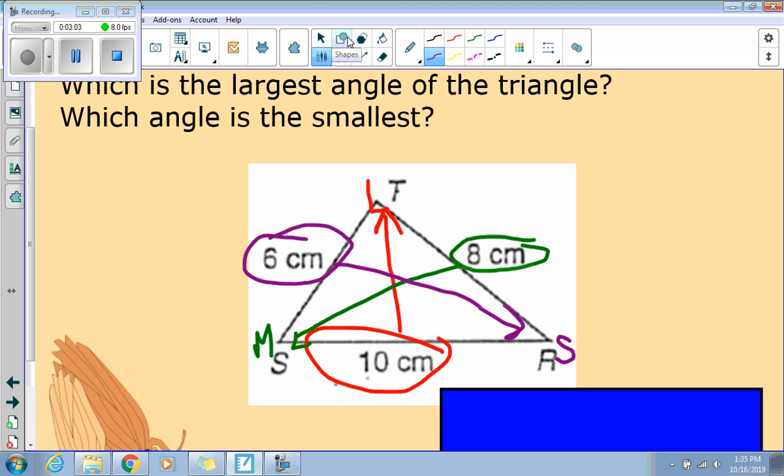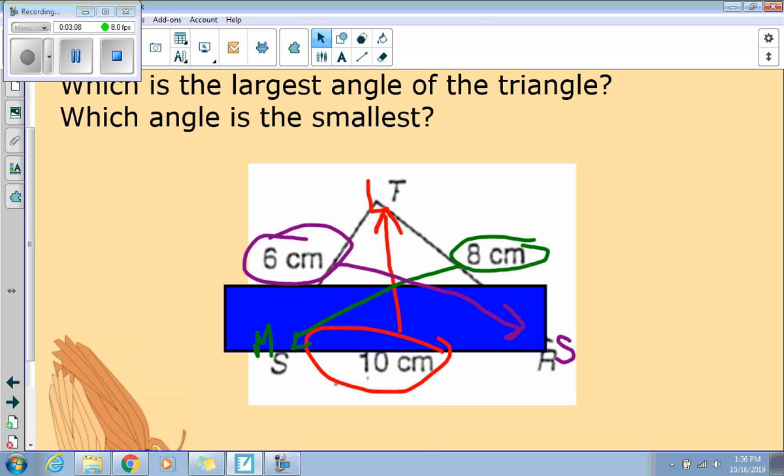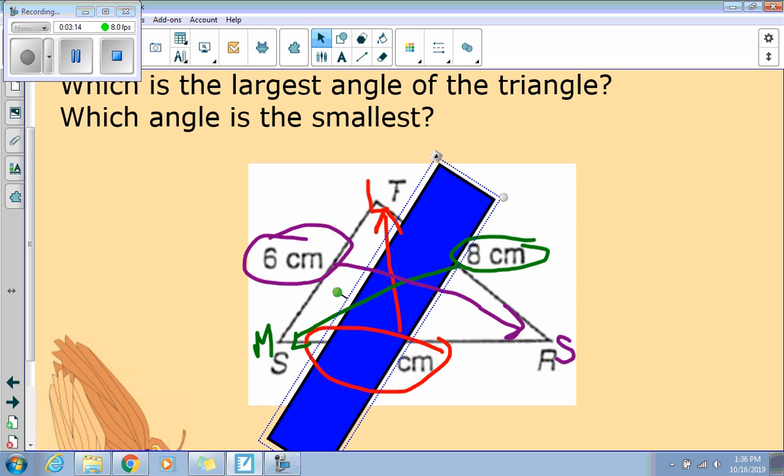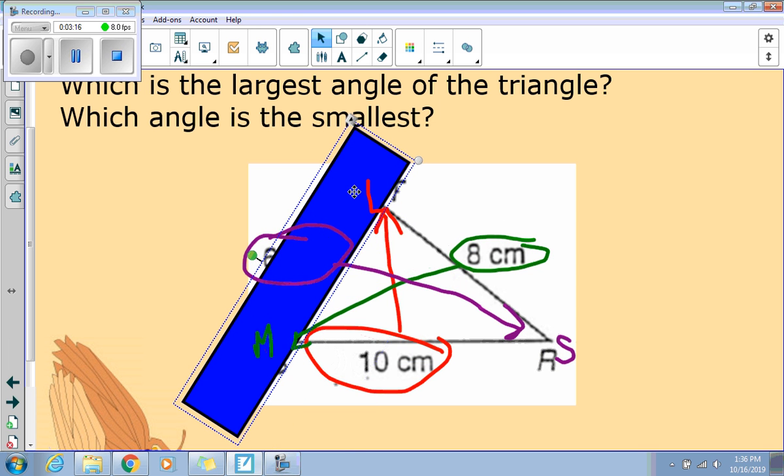Now again, I think covering up is the best way to do it. If I turn my box to cover up my side, and I cover up that side and look for the only letter that's left, it's R. So that's what I would be doing with my hand if you could see my hand.